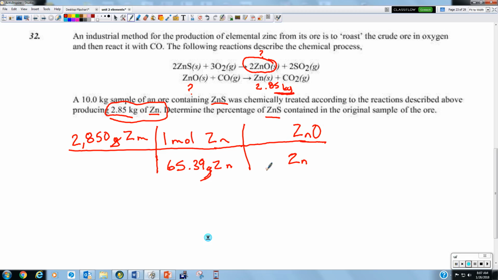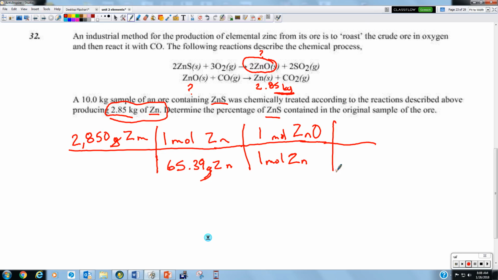Looking at our mole ratios, I didn't verify if this one was balanced, but 1 zinc, 1 carbon, 1 carbon, 2 oxygens, 2 oxygens, so it's balanced. So it's 1 to 1. That's always nice.